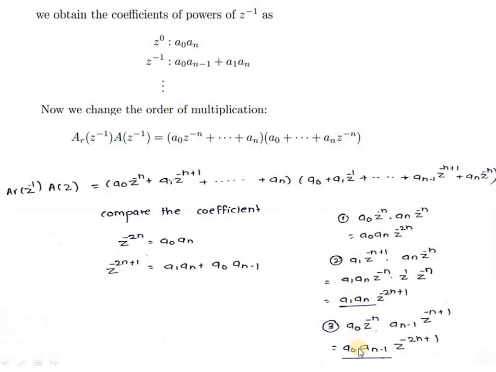These two terms contribute to the coefficient of z raised to minus 2n plus 1. Therefore, the coefficient of z raised to minus 2n plus 1 can be written as a1 into an plus a0 into a of n minus 1.